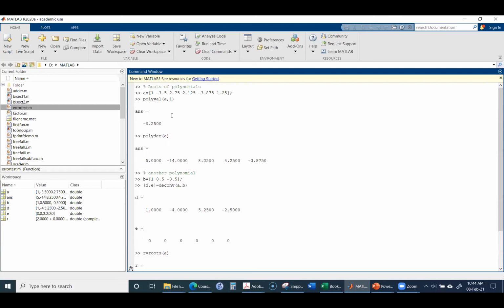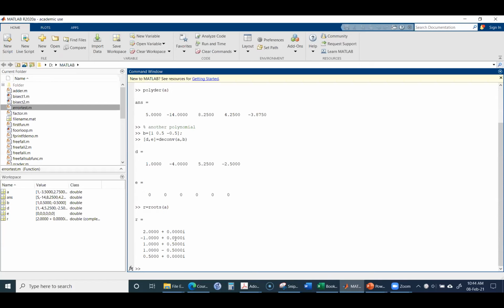So you see that the original polynomial was x cubed minus 3.5 x4 plus 2.75. So it should have 5 roots, and this roots command has found all those 5 roots. And out of these 5 roots, how many are real and how many are complex? 3 are real and 2 are complex.